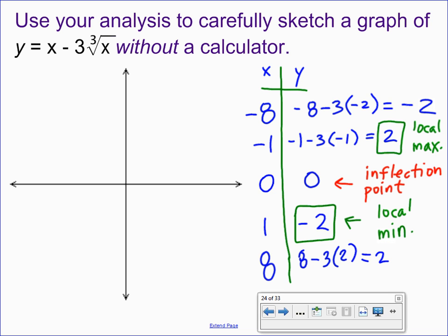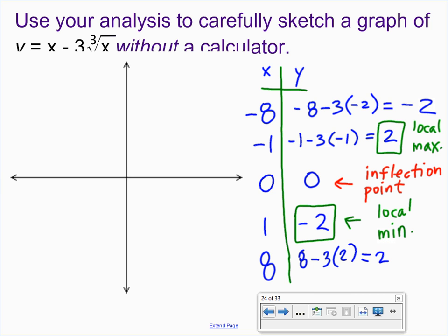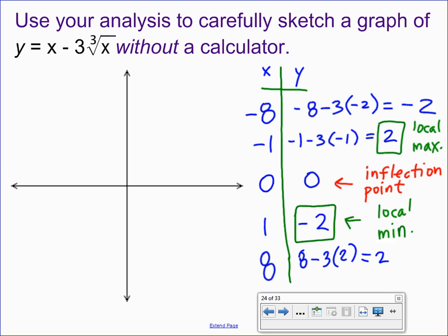Getting psyched, getting pumped. All right, so let's see if we can do this. We go from -8, and these gave us integer points. So I think I'm going to make my x scale go to -10, and I'll make my y scale, though I'm not -2, 2, 0, -2, 2, maybe I'll just go -4 to 4. Yeah, -4 to 4. So let's see if we can do that.